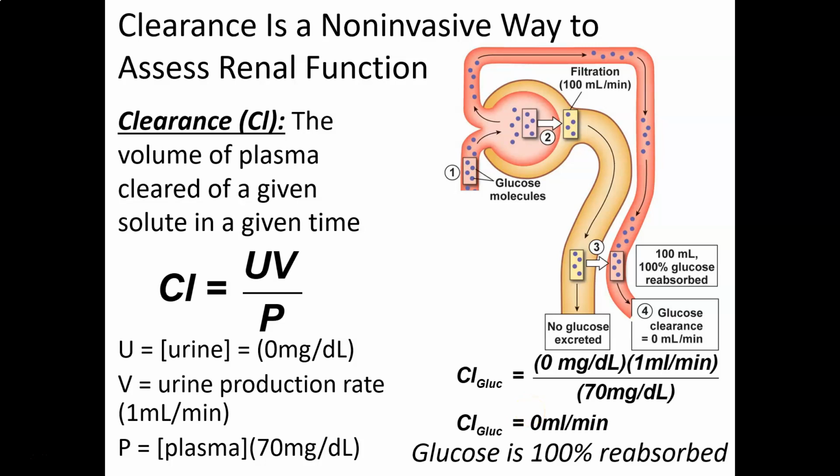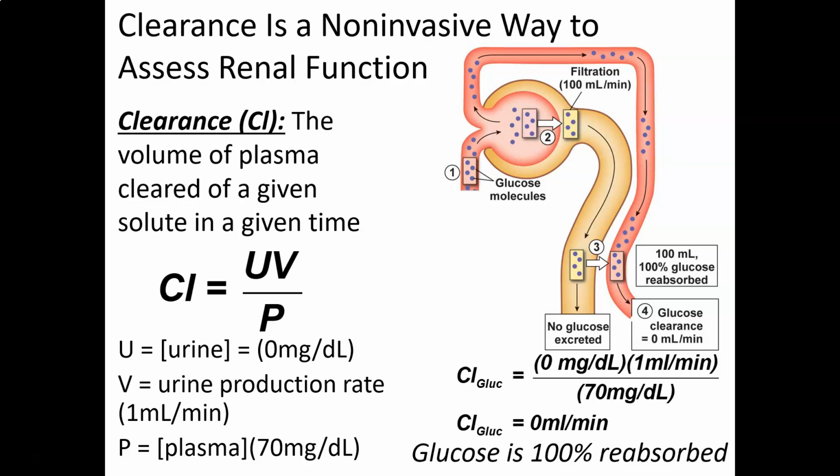So at 125 mils per minute, we're going to compare glucose to it. If it's less than GFR, it tells us it was reabsorbed. Since our clearance is less, we can say glucose was reabsorbed. Since it's 0, we can say it's 100% reabsorbed.